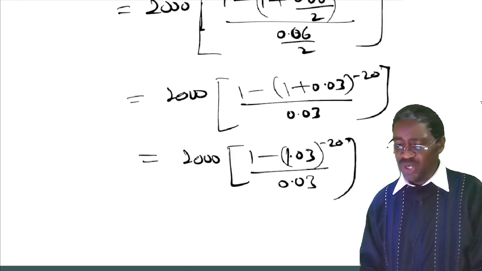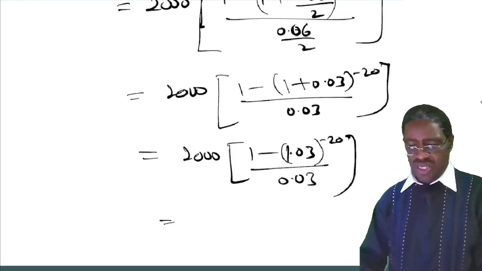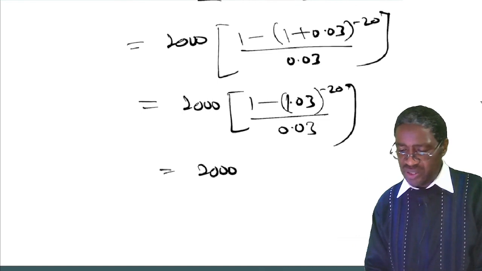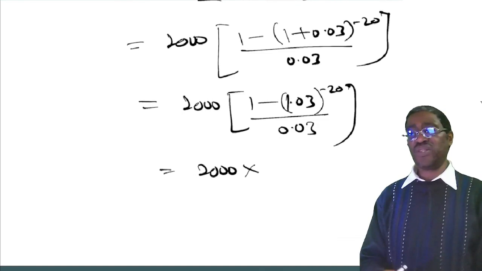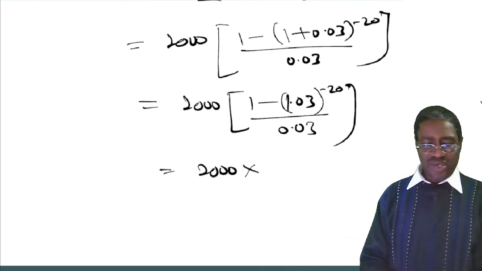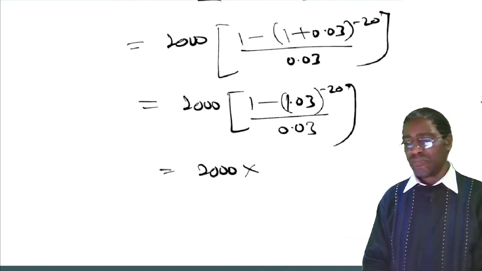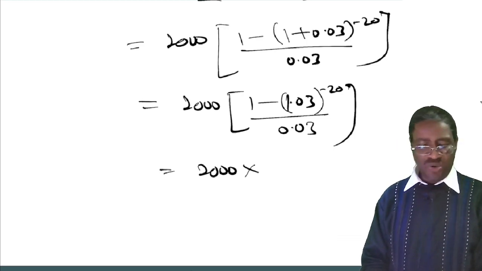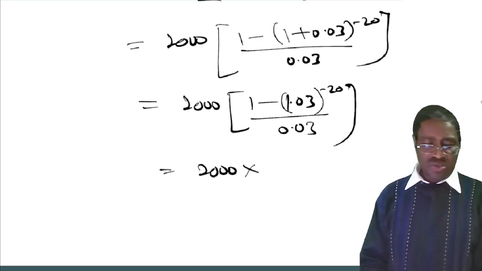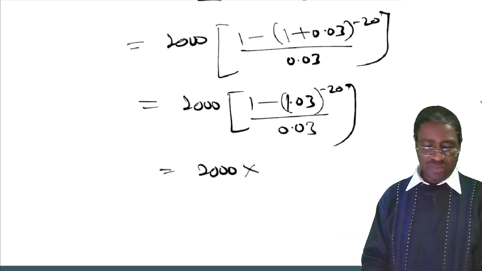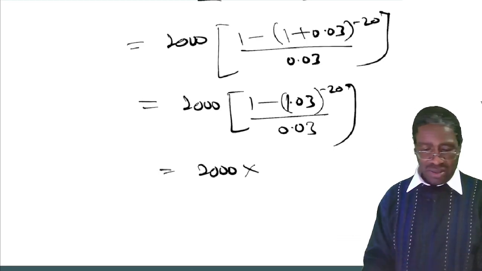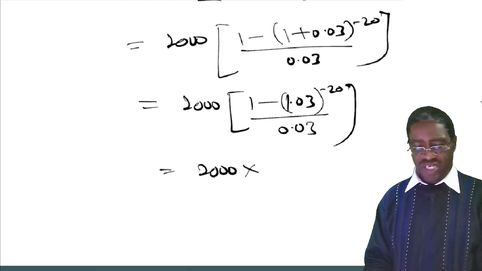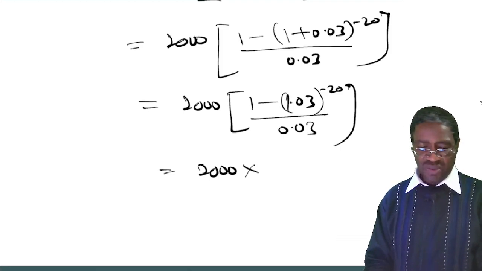Good. What is the amount? I get my present value interest factor. I take 1.03 to the power of negative 20. Whatever I get, I minus 1 from it, and whatever I get, I divide that by 0.03.